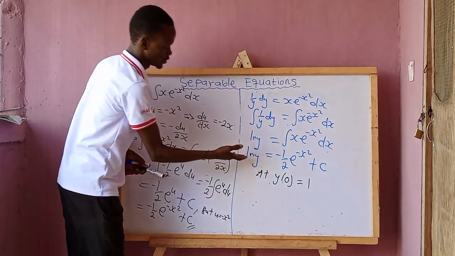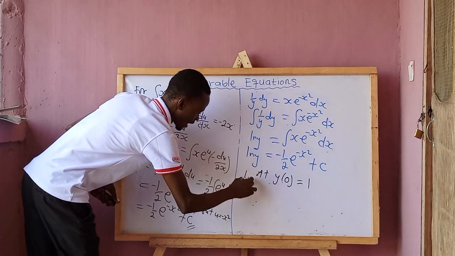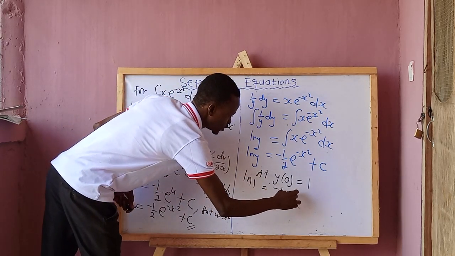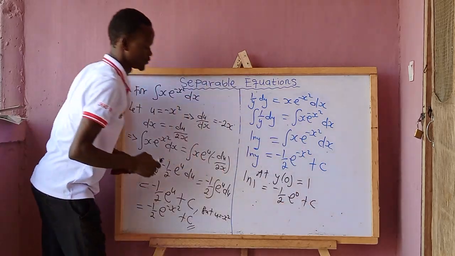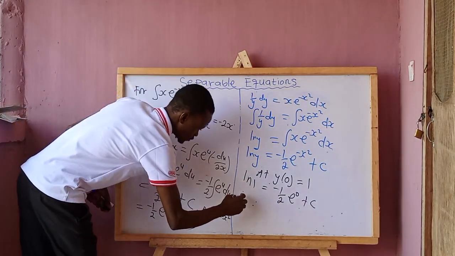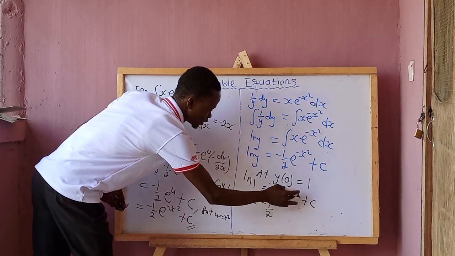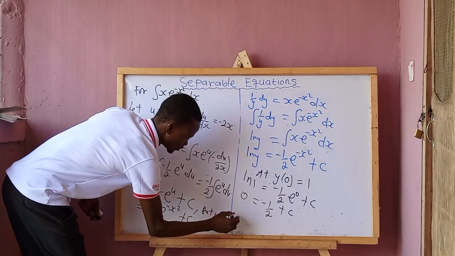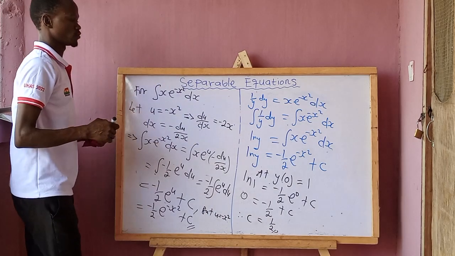We substitute them into the general equation, and that gives us ln 1 equal to negative 1 over 2 e raised to the power 0 squared, plus c. Ln 1, as we know, is 0. So 0 equals negative 1 over 2, because e raised to the power 0 is 1, plus c. Therefore, c will be equal to 1 over 2. c is half.